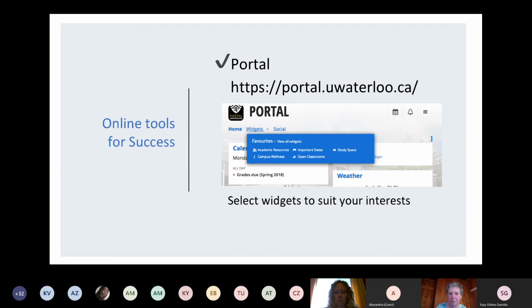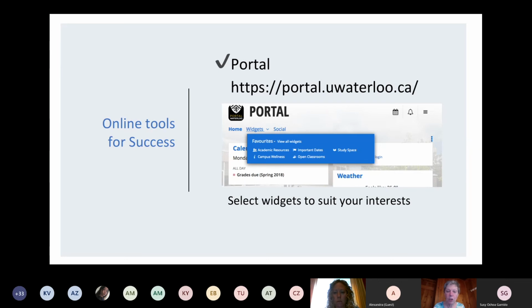Next slide, please. Now, Portal. I don't know if Waterloo Ready probably introduced this to you, but this is a tool that is open for all students and has what are called widgets, and you select the widget that you want, like when open rooms are available. Many of the widgets, I will admit, are more for the on-campus experience.